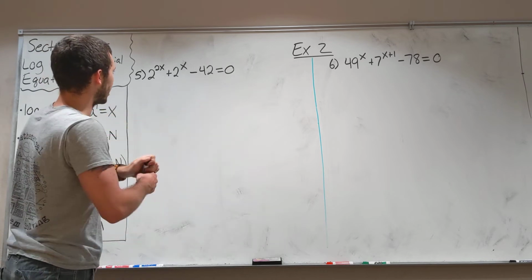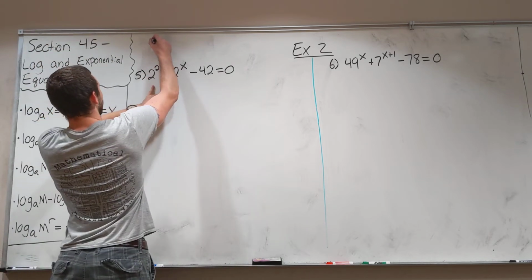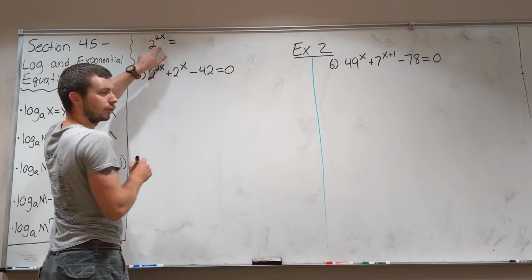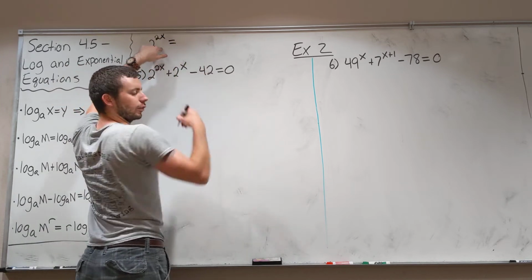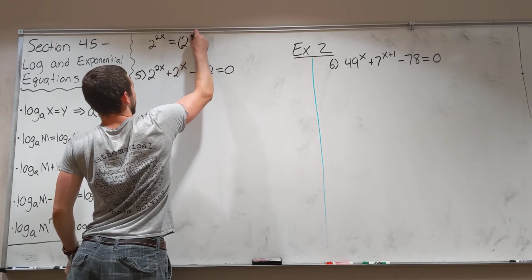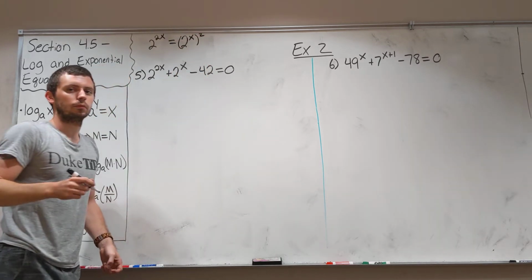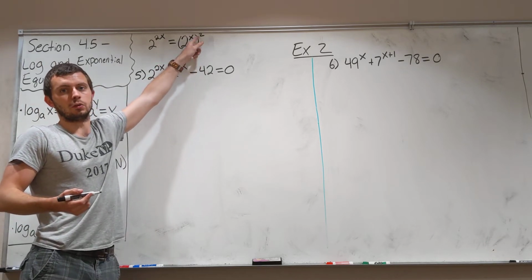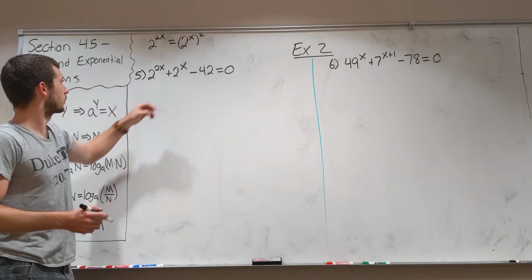Over here, it might be more clear to see that 2 raised to the 2x is equal to 2 to the x quantity squared, using one of the exponential properties. Because remember, when you have an exponent raised to an exponent, you multiply the exponents together.